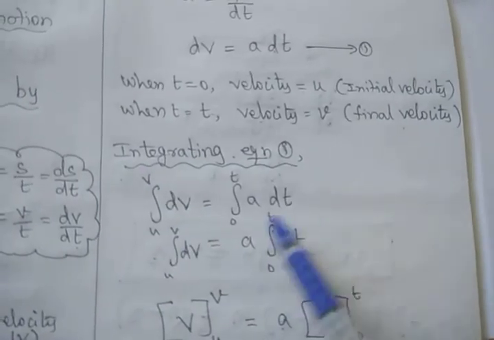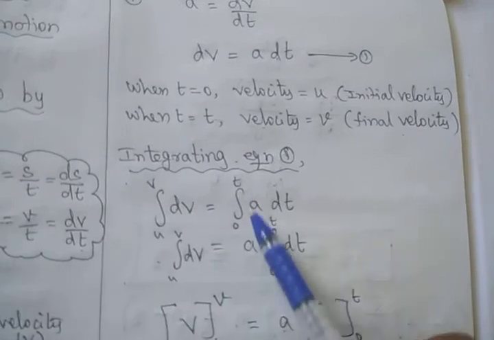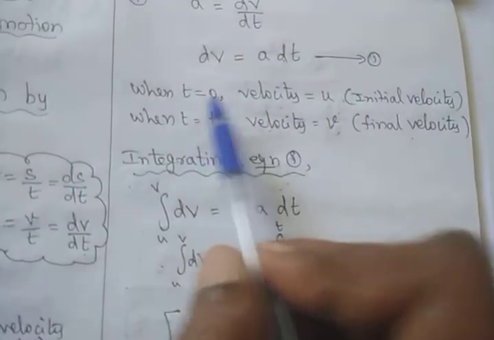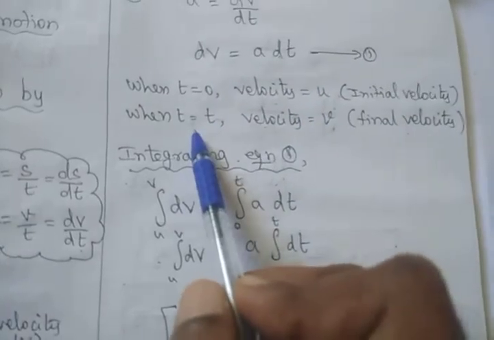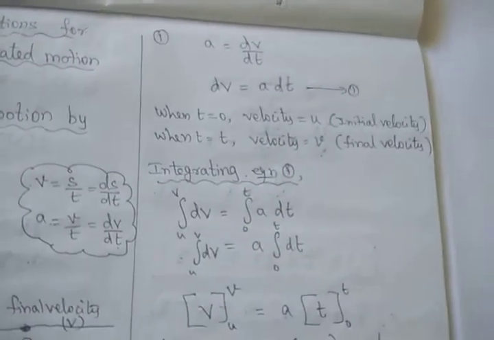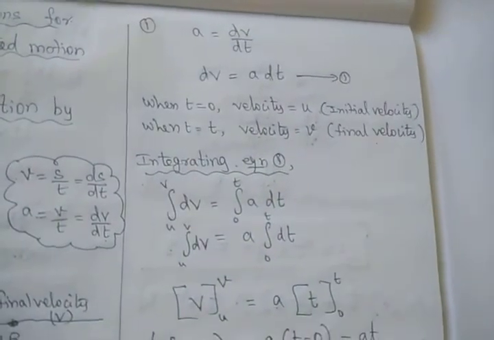For the time integration, the initial time is t is equal to 0 and the final time is t. That's why we put boundary values. T is equal to 0 means velocity u, t is equal to t means velocity v. So I will just integrate the previous equation with the limits.